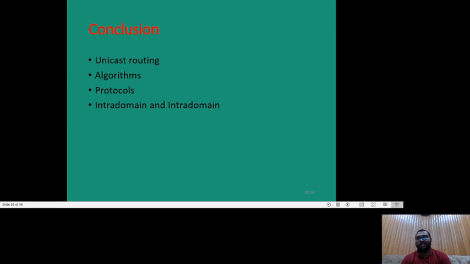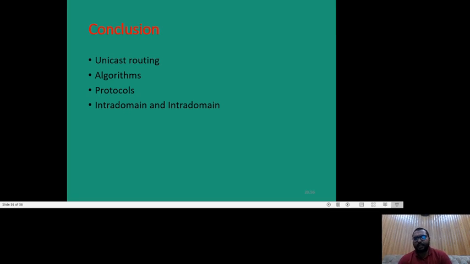We discussed three different types of algorithms, and three different types of protocols today: RIP, the Routing Information Protocol, which works on the distance vector algorithm; OSPF, which works on the link state algorithm; and the Border Gateway Protocol, which works on the path vector routing protocol.